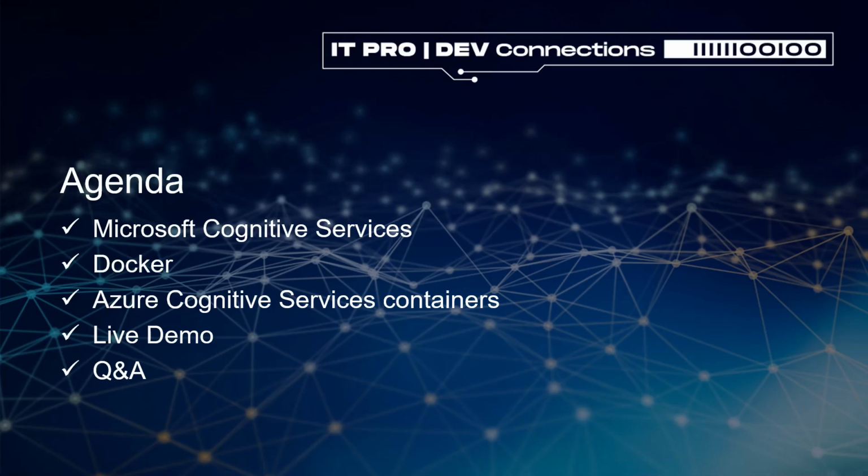We're going to talk a lot about Azure Cognitive Services containers and how we can deploy and configure them and use them with Docker on premises. I'm going to have a live demo to show everything we're going to be talking about, and you can send your questions in. I'm going to try answering as many of them as I can at the end of this presentation.